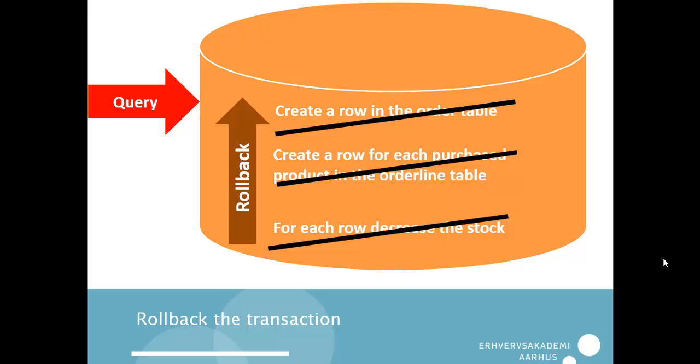So we will roll back the transaction, and when we roll something back, the database server will step backwards and delete what it has done, so everything is neat and fine as it was before we went into the database and tried to create the rows, create the order lines, and decrease the stock. And then we will of course convey the message that the product is sold out and the customer cannot place the order.